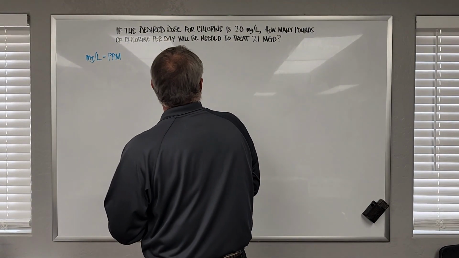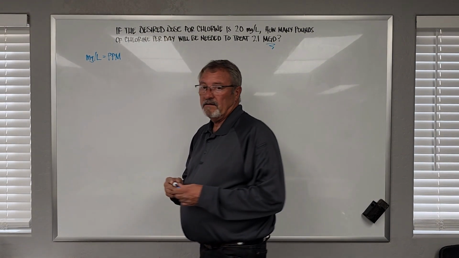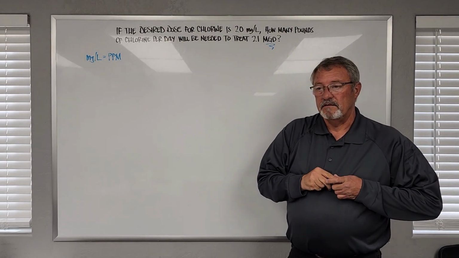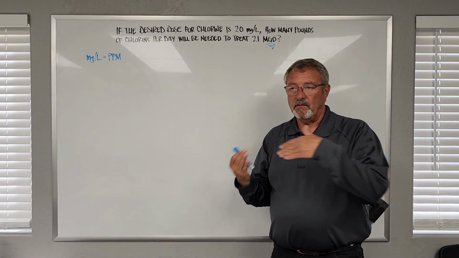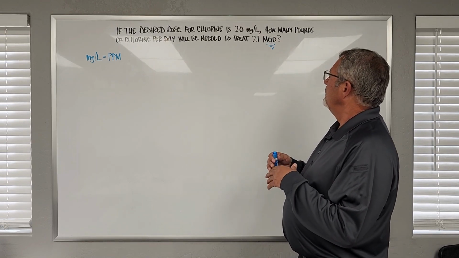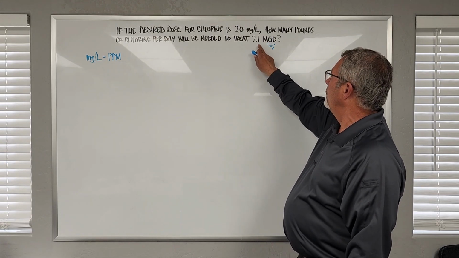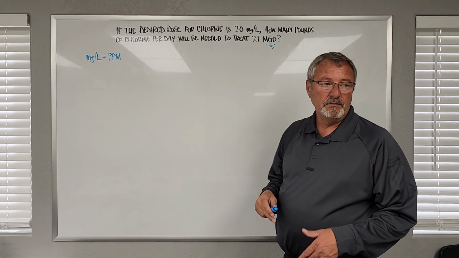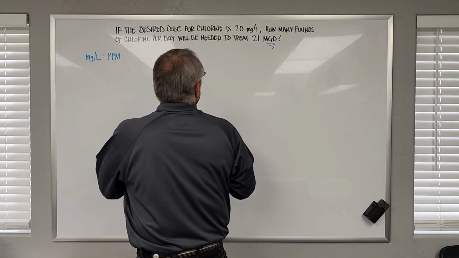I also want to bring up MGD. Million gallons per day. That's what MGD stands for. This is how we rate the capacity of a water treatment plant or a wastewater treatment plant. And in this scenario, we're treating 2.1 MGD, or 2,100,000 gallons of water. How do I know that?